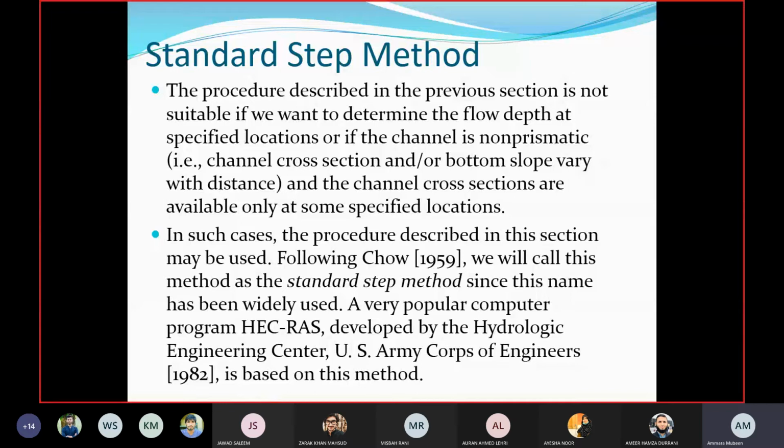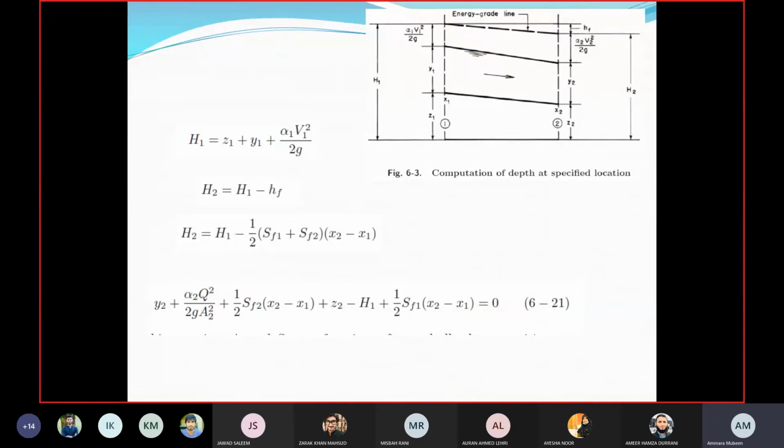In such cases, the procedure described in this section may be used, and this method is called the standard step method. Since this name has been widely used, a popular computer program, HEC-RAS, developed by the Hydrologic Engineering Center, is based on this method.